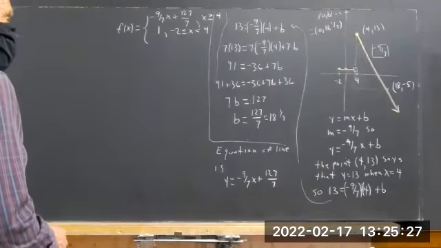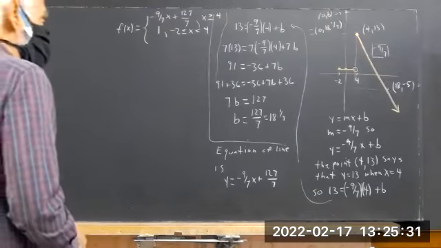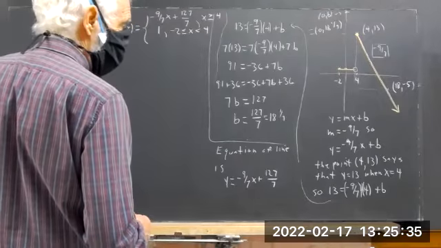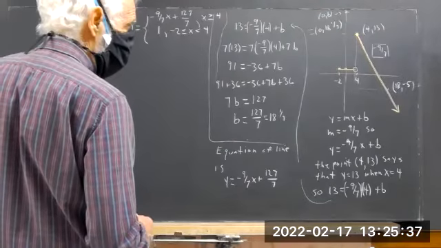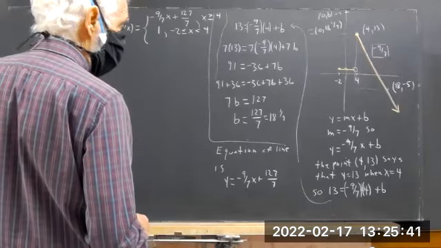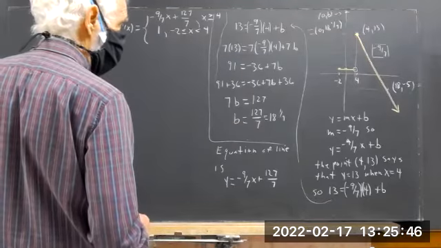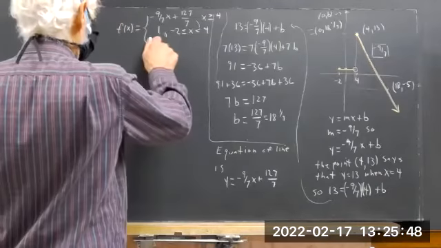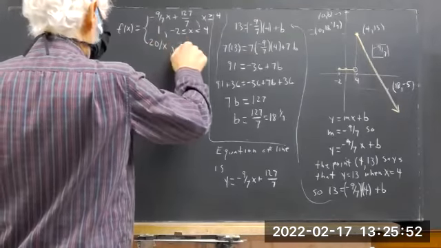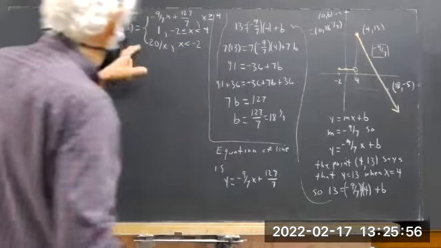Okay, then f of x equals, oh, I don't know, what do you want it to be? Let's say 20 over x.